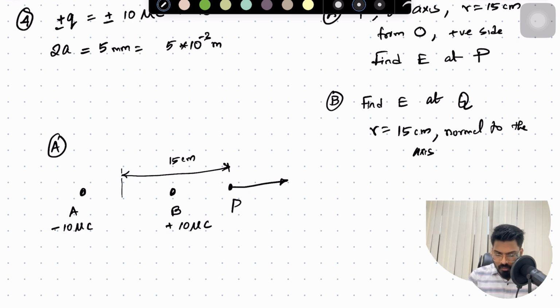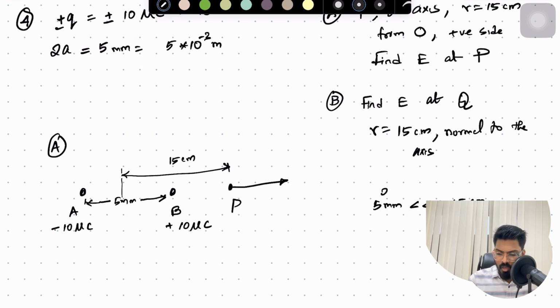Now if you look at the distance, I have not drawn this image to scale because this is 5 mm only. So this distance 5 mm, which is nothing but the length of the dipole, is extremely small compared to the distance r.